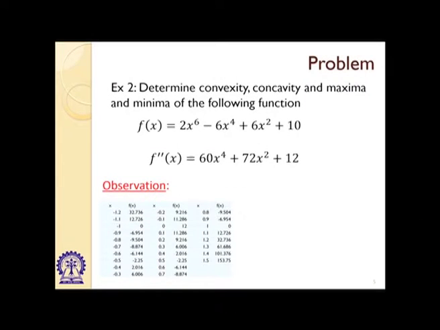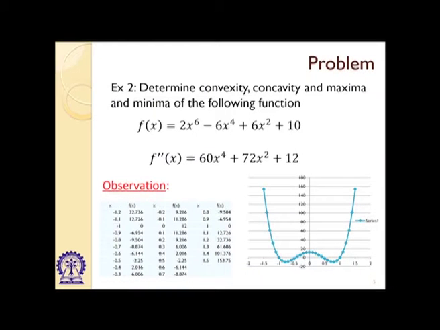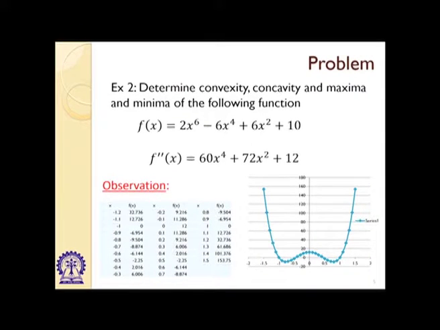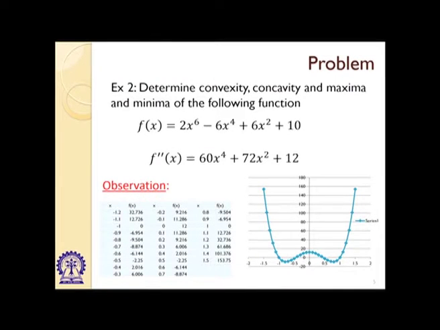What we could see in the f double prime x, that after minus 1 the double prime x is coming negative. After 0 it is positive, and at 0 we will see this is not a function f x, this is f double prime x.